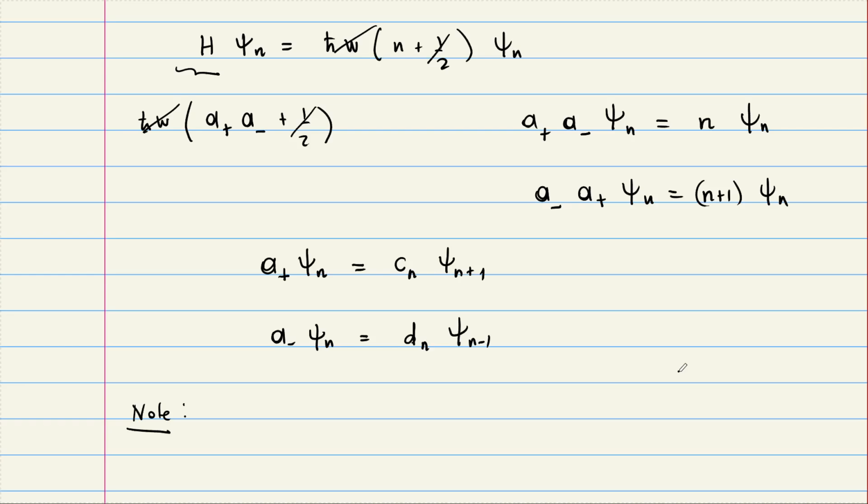What's the difference? I'm not sure what I said. When you say psi n, it is the n-th state, yes. But it starts from zero. There's the 0th state, first state, second state, and n-th state.